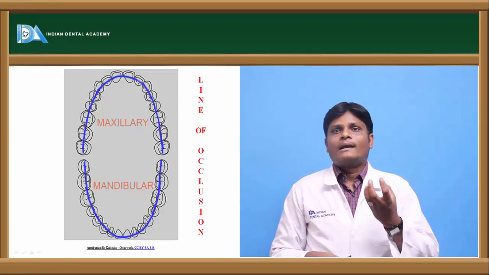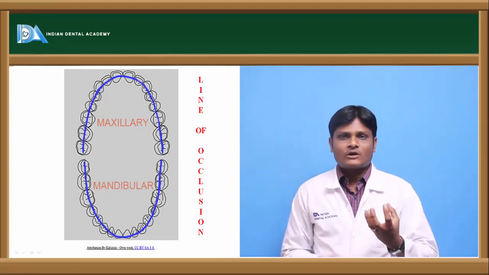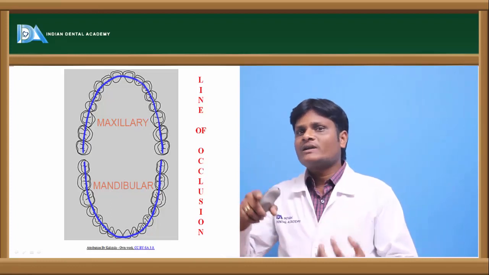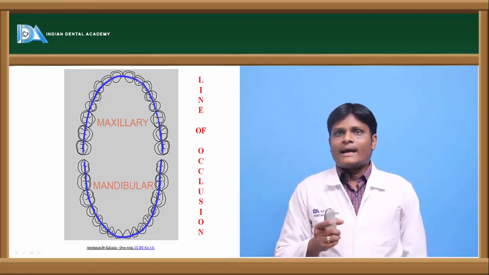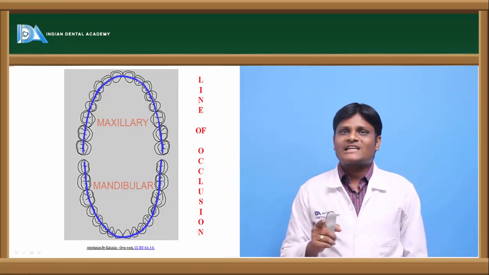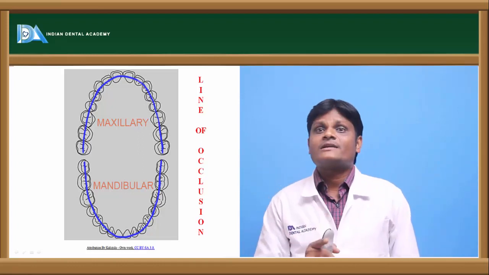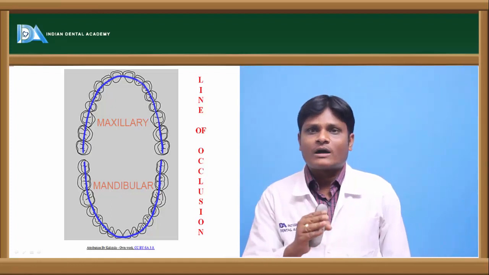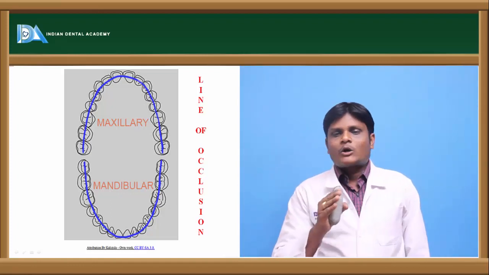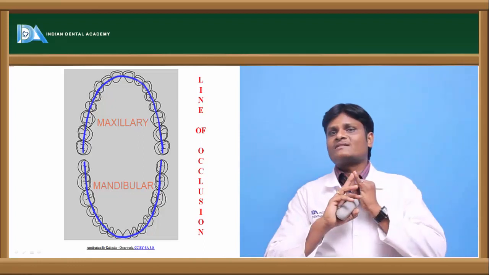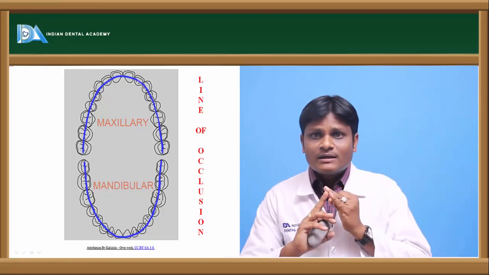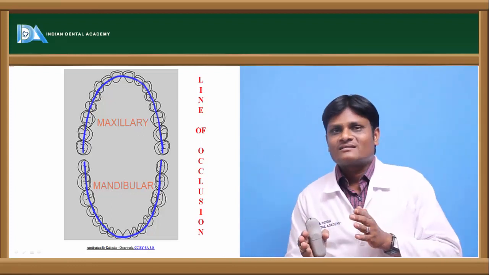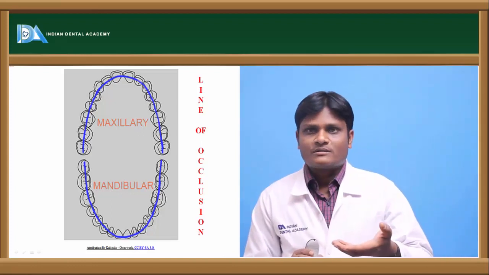That means a line passing along the central fossae of the maxillary posteriors and along the cingulum of the maxillary incisors, and the same line passes along the buccal cusp tips of posterior teeth and incisor edges of anteriors in the lower arch. This is called Engel's line of occlusion. An optimum or normal occlusion has all of Andrews' six keys satisfied along with Engel's line of occlusion. Any deviation from these characteristics is considered a malocclusion.